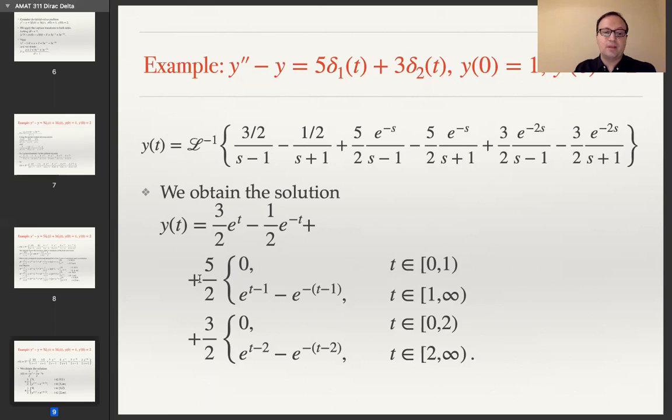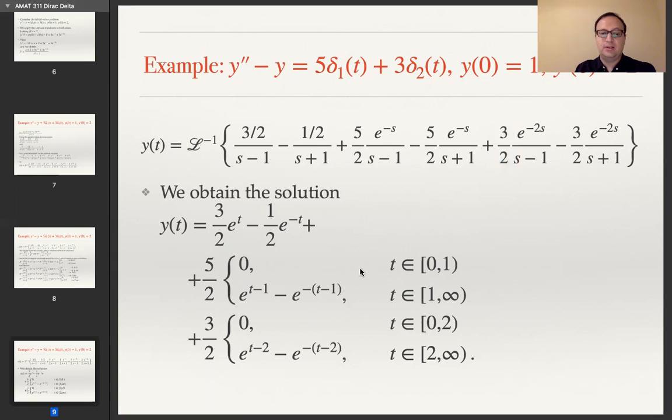So we get 5 halves times 0 when t is between 0 and 1, and e to the t minus 1 minus e to the minus (t minus 1) when t is between 1 and infinity. I combined two of the terms on the previous page.